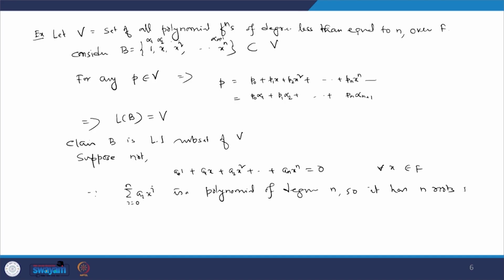That is, if I denote this by P of x, and F is the real line, then P is 0 on the line F at most at n distinct points.